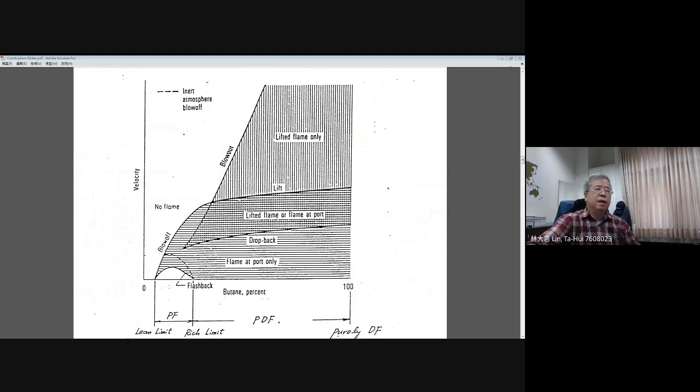For a given mixing ratio, whether lean or rich, you will find that the possible stabilization of premixed flame in your jet flows will be limited by this half moon region. Okay, and the lower bound shown here is a solid line. We mark it as flashback.